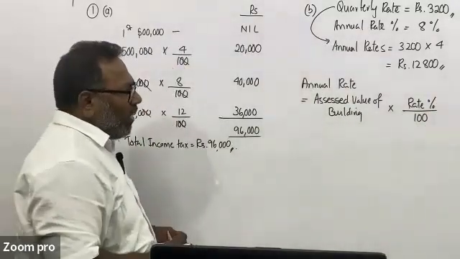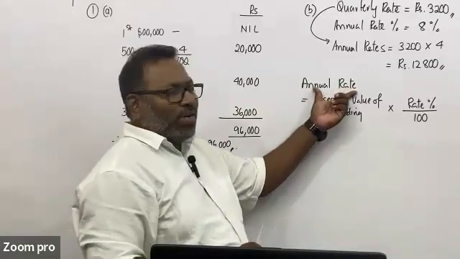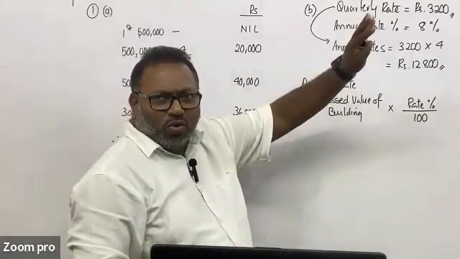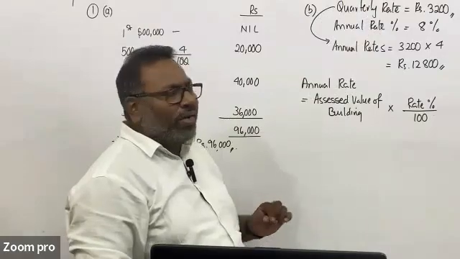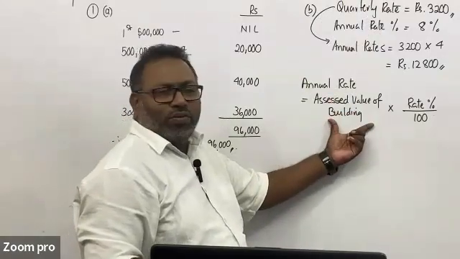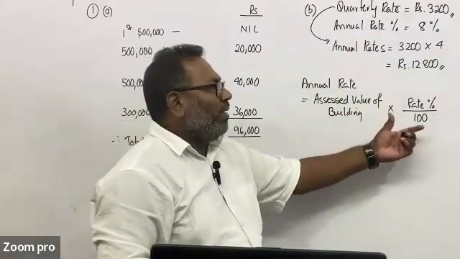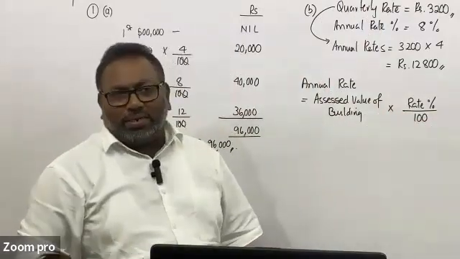This is the amount that you have to pay for the whole year. How is it calculated? The assessed value of your building multiplied by the rate percentage.